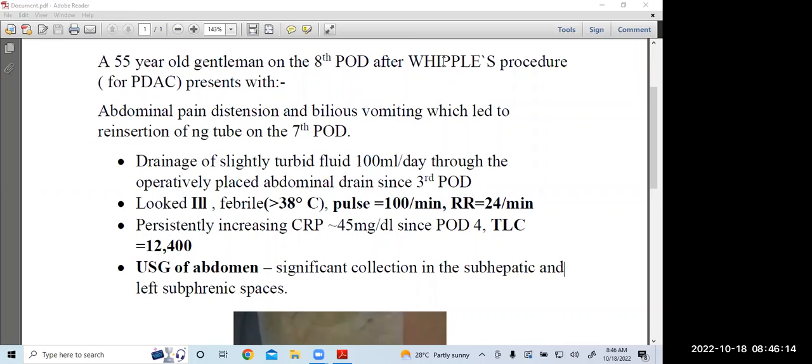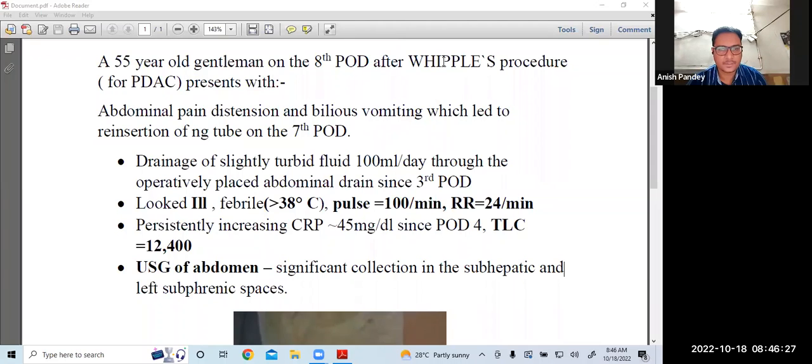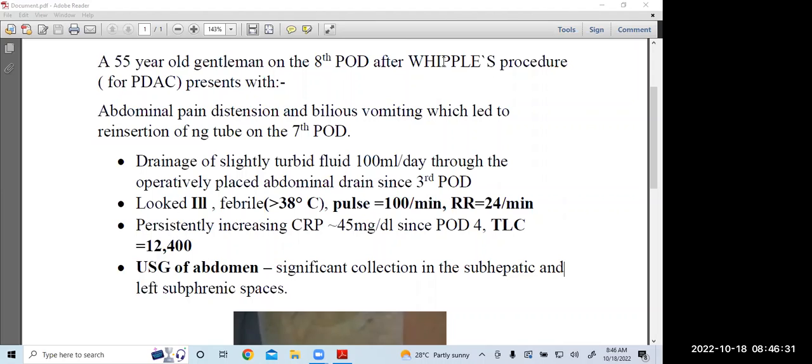And with this, how much of the pancreatic fistula patient population would you expect to heal spontaneously with conservative management? Post Whipple's pancreatic fistula.